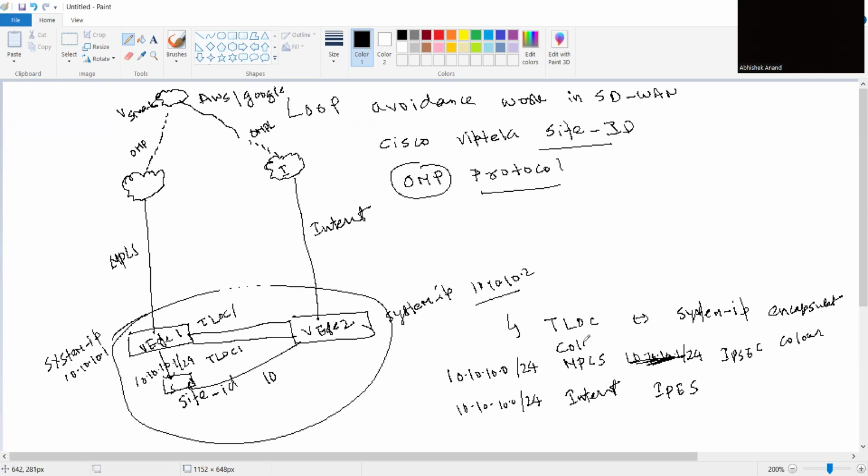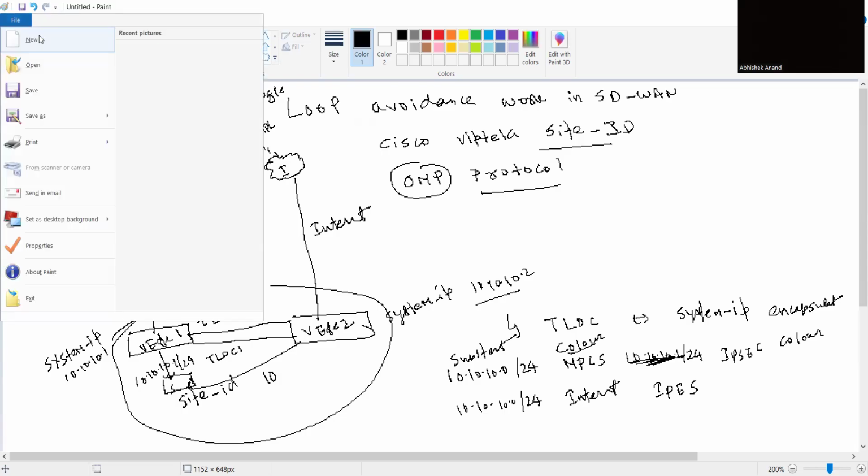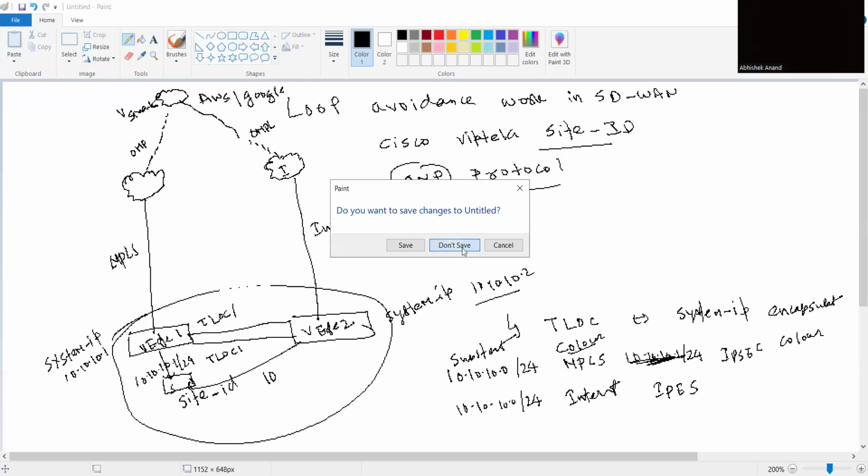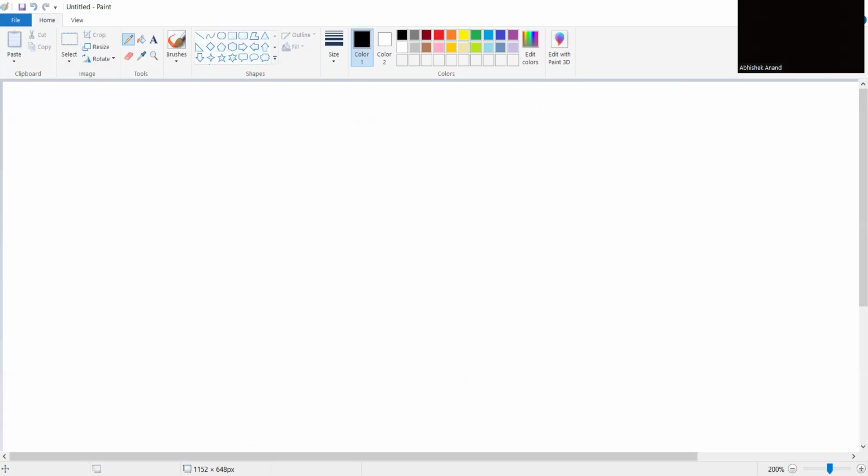This is your color. This is the subnet. Let me write it down on a different page so it is clear. So this is the TLOC advertisement I was talking about.